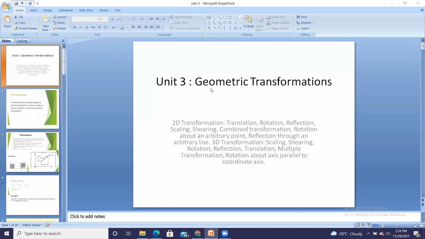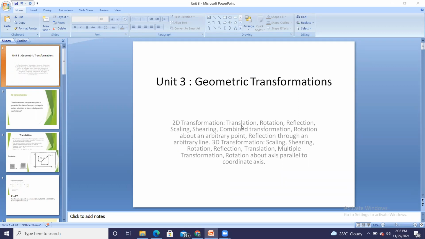So we have 2D and 3D geometric entities on which we are going to perform the transformations. In 2D transformation, we have a line, a point, a triangle, a rectangle, any two-dimensional shape.